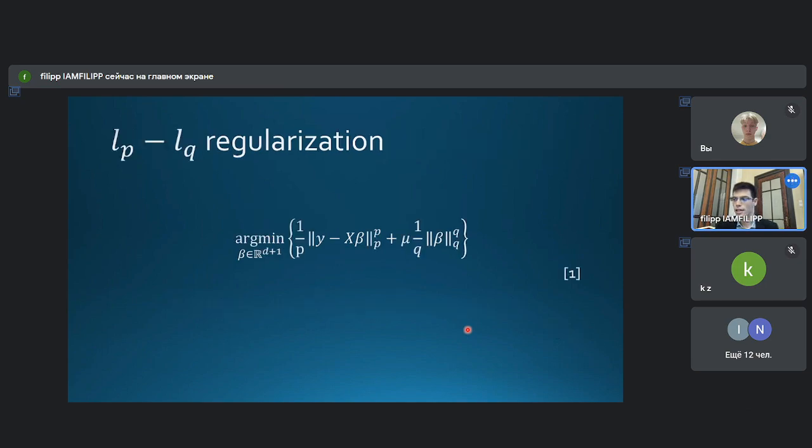However, the third and most complicated method is the LPLQ regularization. In this method, we have now not one, not two, but three parameters, mu, p, and q.